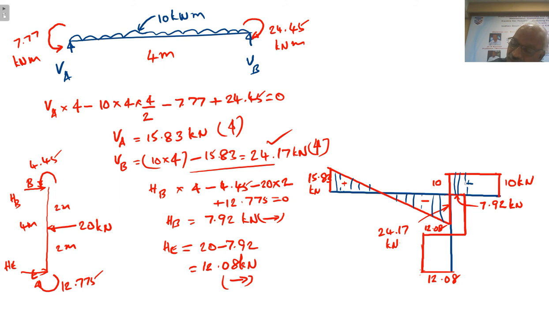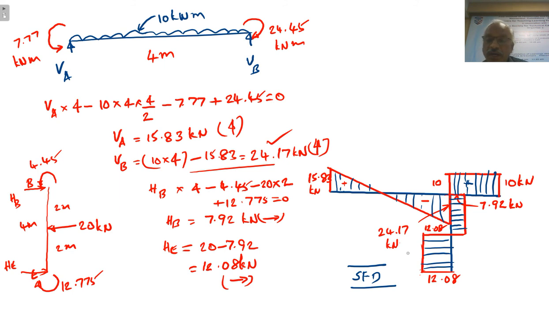Left up, right down is positive only. Here we need not mark anything as far as the column is concerned. So this is our shear force diagram for the given frame. So that completes the bending moment diagram and the shear force diagram for the given structural frame.